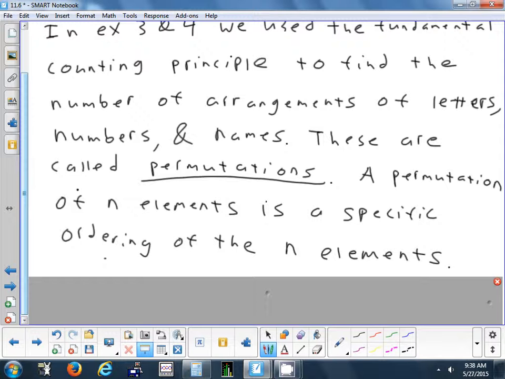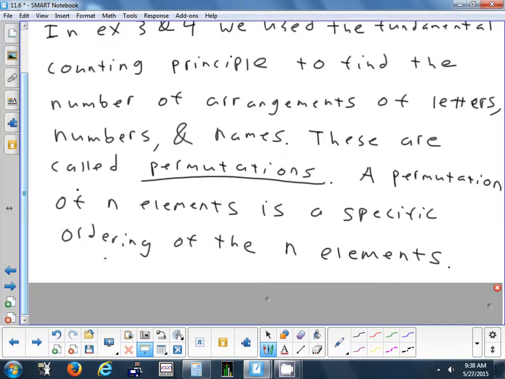It has to be in a specific order. If Mary, Sue, and Joe finish a race in that order, that's different than Joe, Sue, and Mary. Different order, that's different positions in a race. So the order makes a difference.